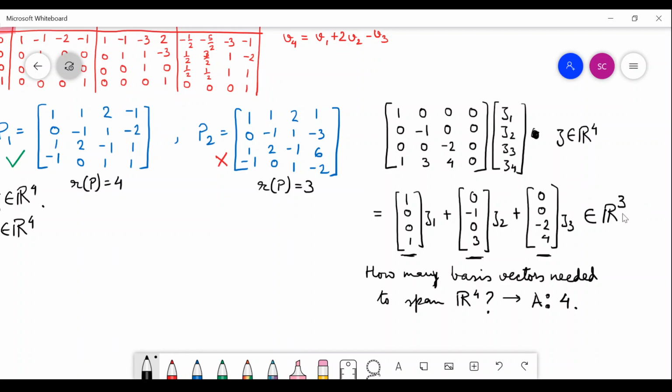In this case it is 3. If we had lost rank by 2, then another basis vector would not be here. Suppose this has also become 0. Then only this into Z1, this into Z2, where Z1, Z2 can be any scalar. But you have 2 basis vectors, so you would be spanning R2 in that case. From a fourth dimensional space you would be coming to a two dimensional space. That is what would happen.